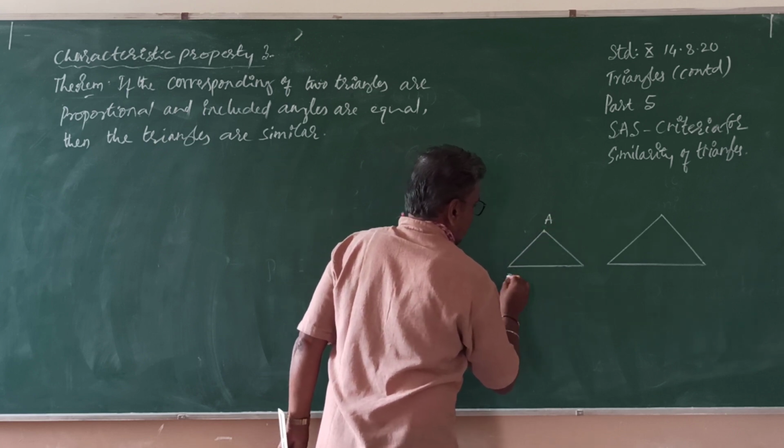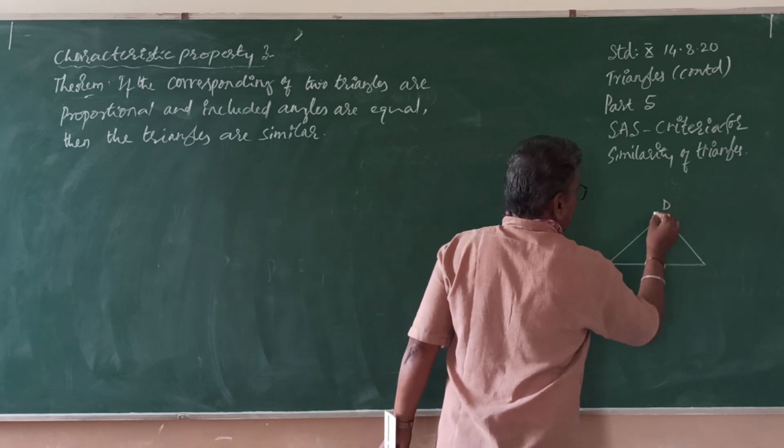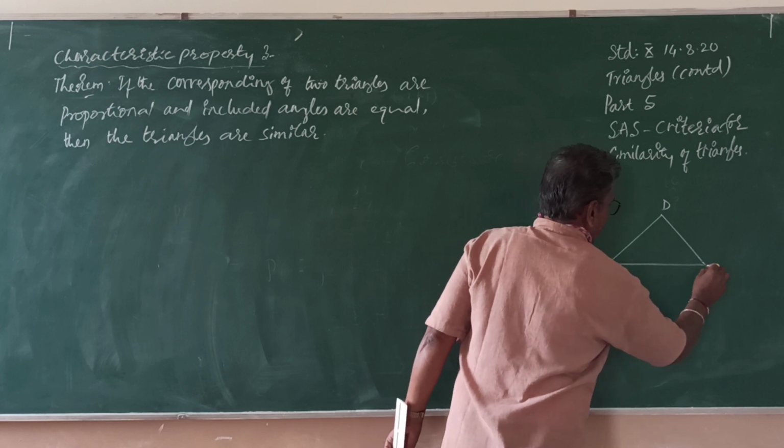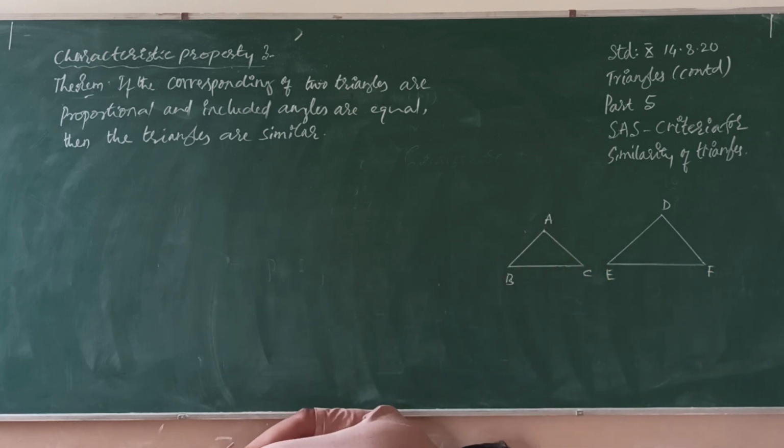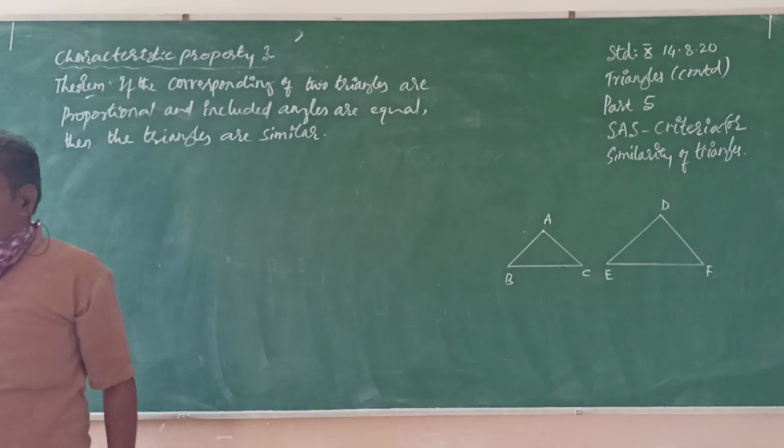ABC is one triangle, DEF is another triangle. We want to show that these two triangles are similar with the condition.